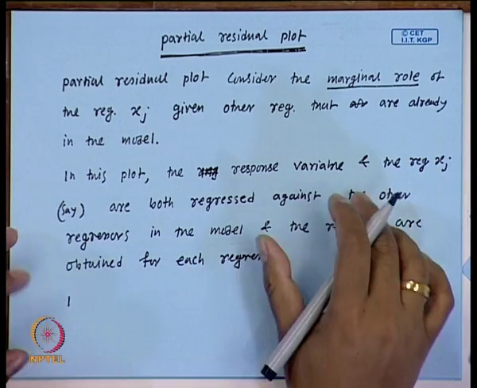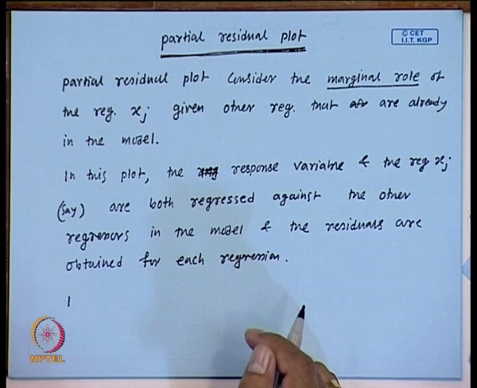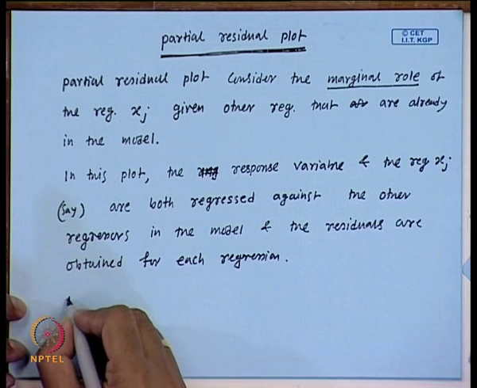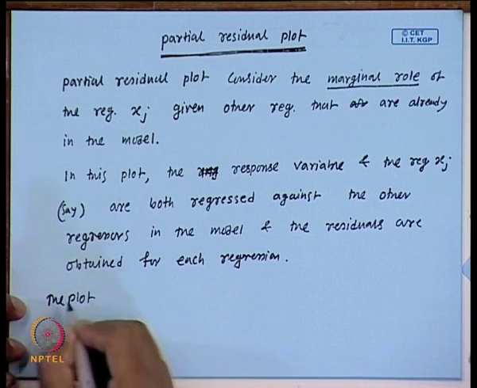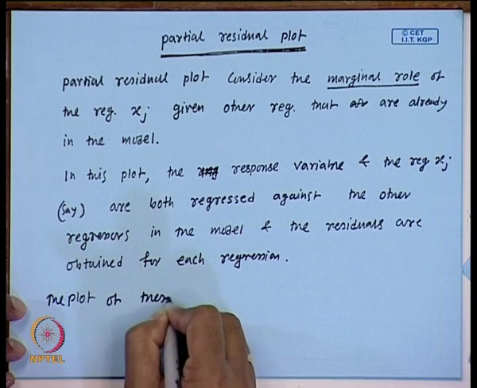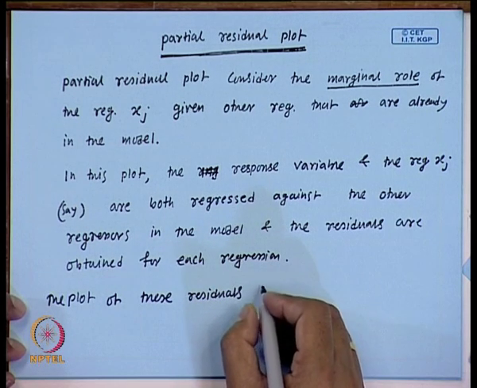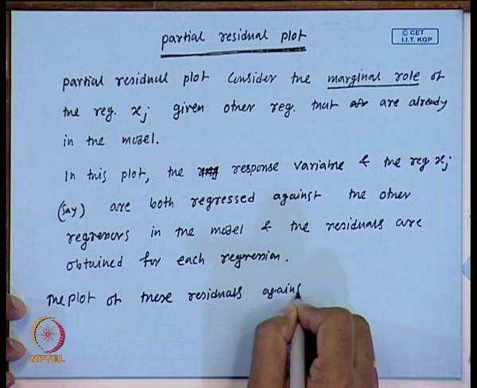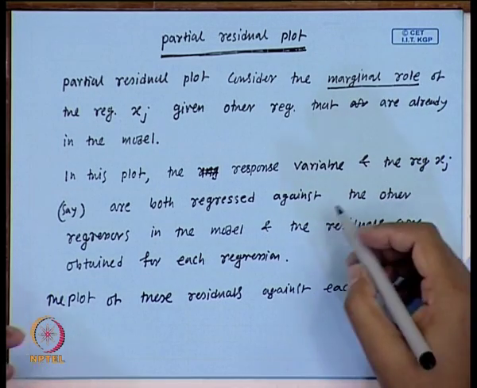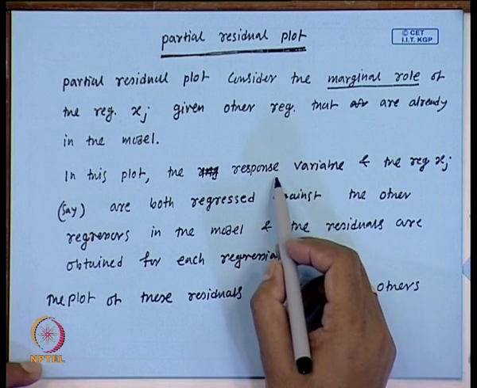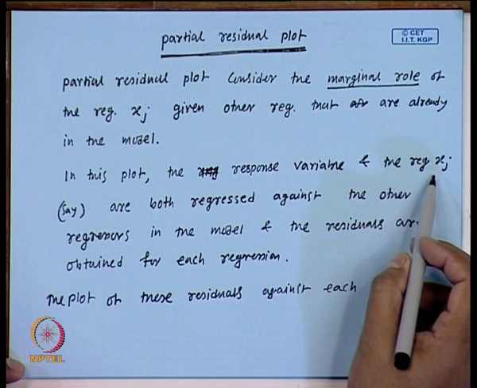So we will get two residuals from these two regression fits. One regression model regresses the response variable on all the regressors except xj.